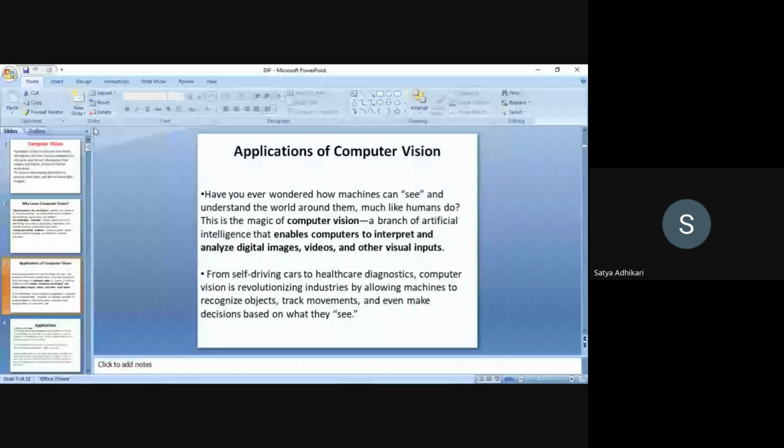Have you ever wondered how a machine can see and understand the world around it, much like a human does, or better than a human does?